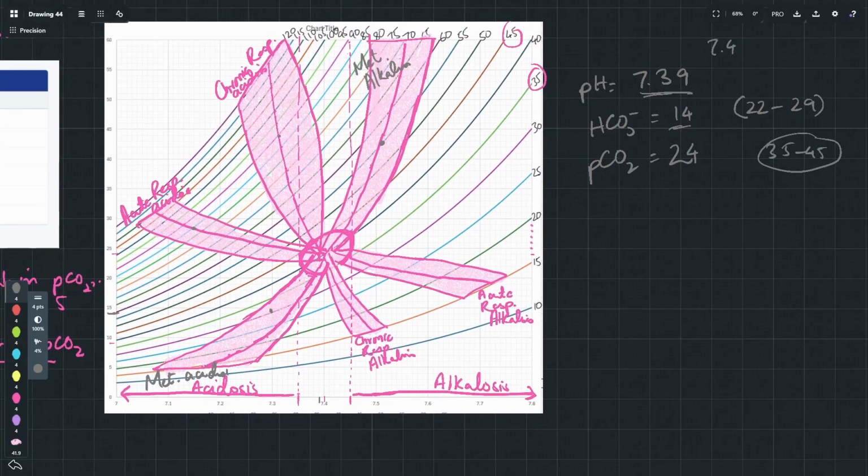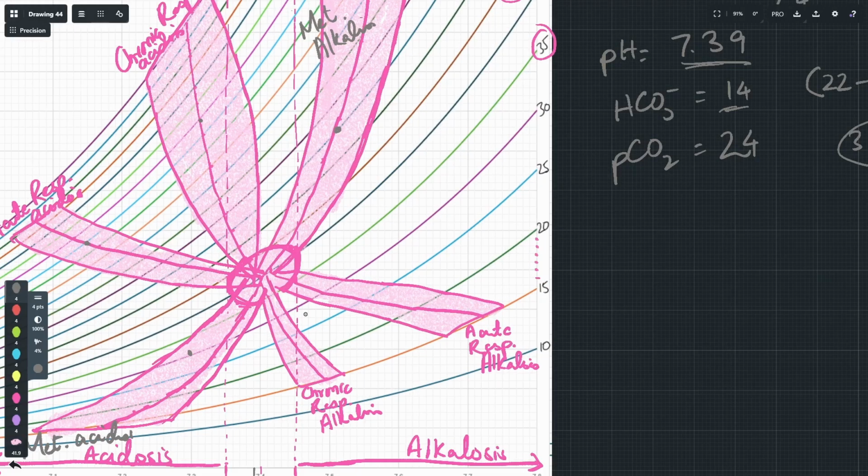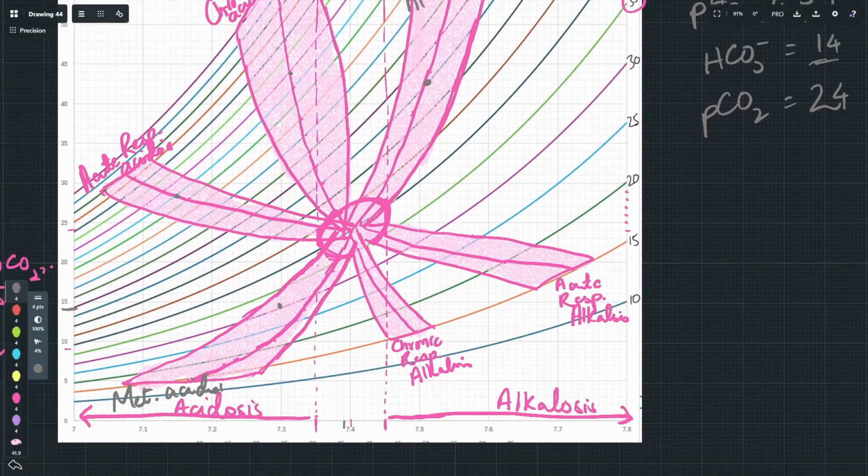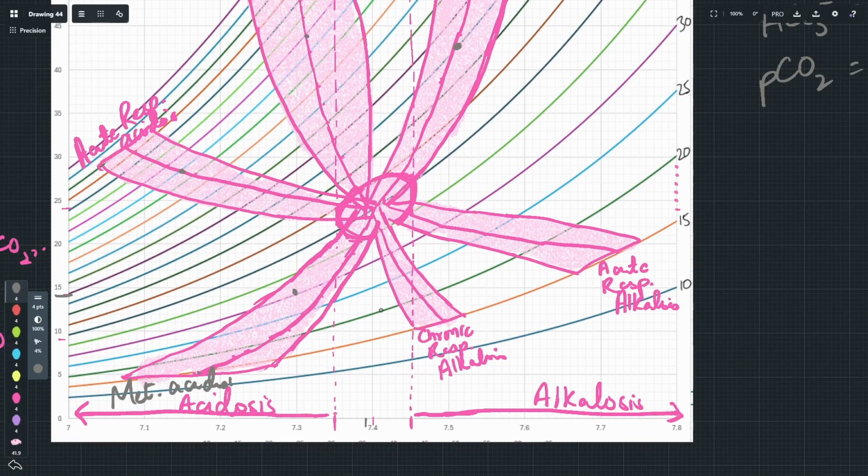But for your understanding, let's consider the 24 as well. That is here, a little bit lower than 25. This would be somewhat here.